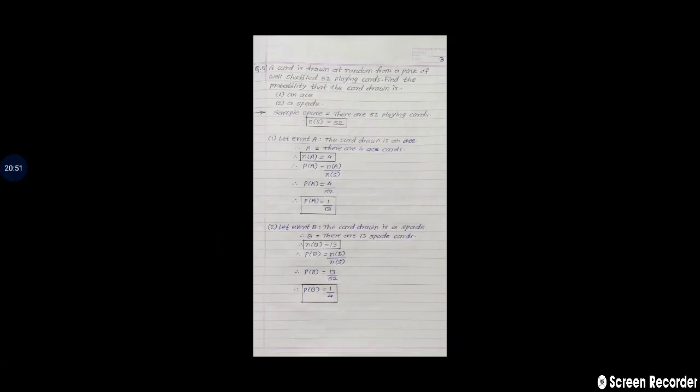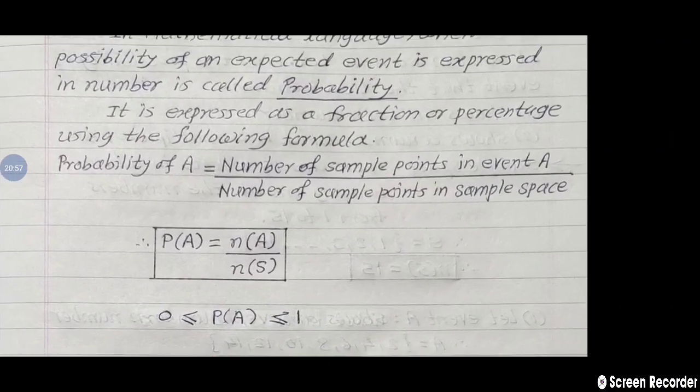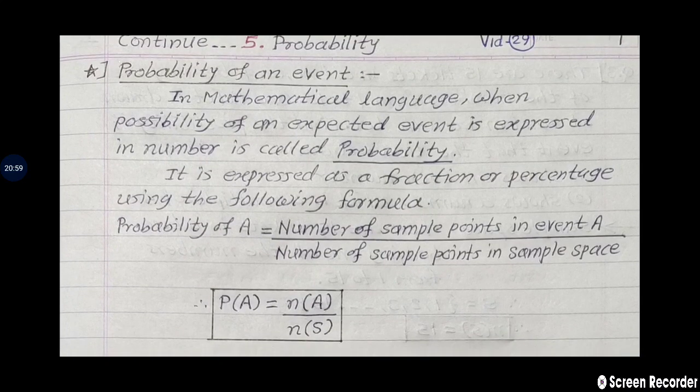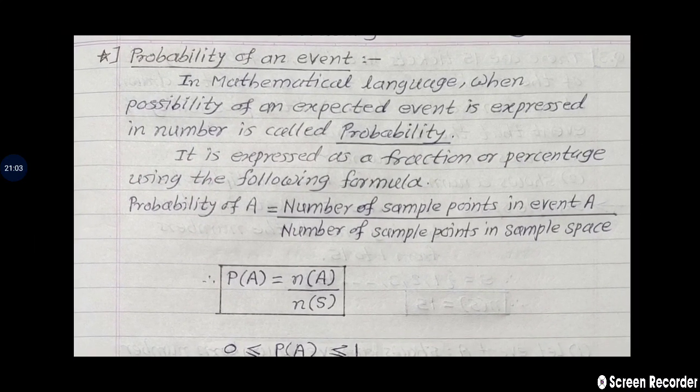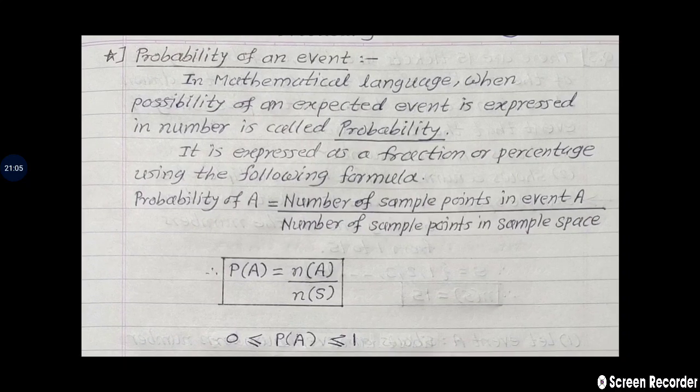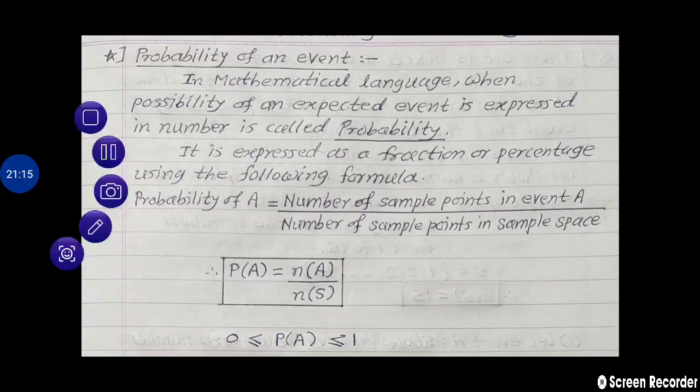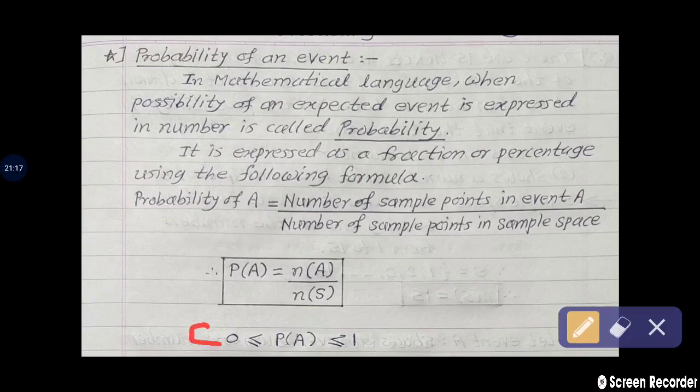In this way we find the answers of probability of any event with the help of this formula of probability, that is n of A divided by n of S. We get the answer of that particular event, and all the answers of probability of any event lie between what? Between 0 and 1.